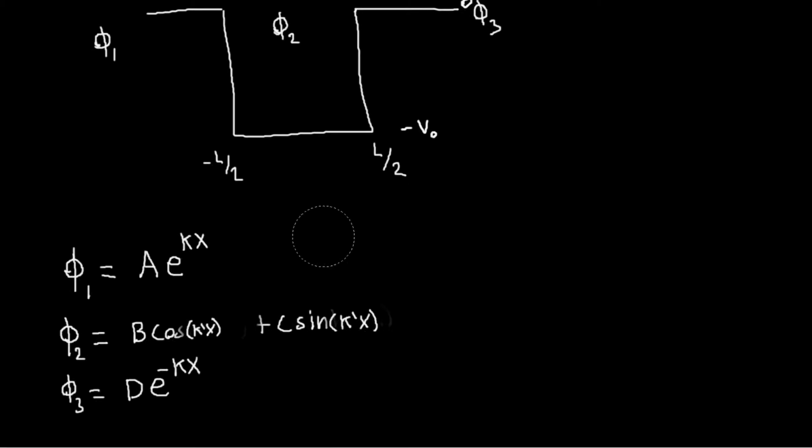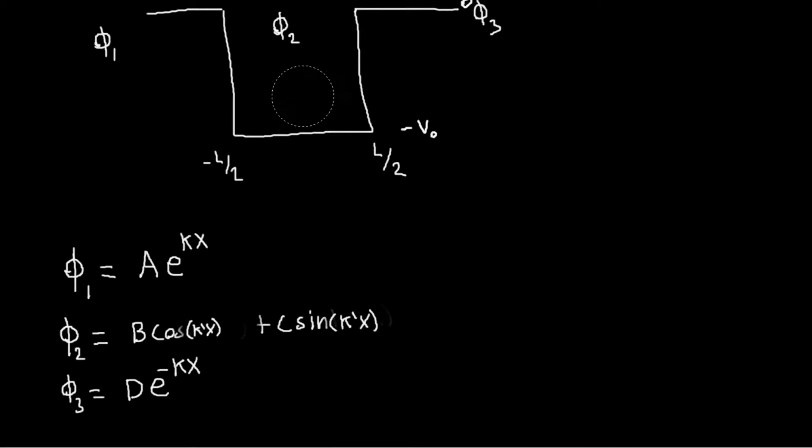This is another one of those things that seems kind of random the first time you come across it, but it actually makes a lot of sense because our potential is symmetric about 0 here. If the potential is symmetric, then we would expect that the modulus squared of the wave function is also symmetric, because it tells you something physical.